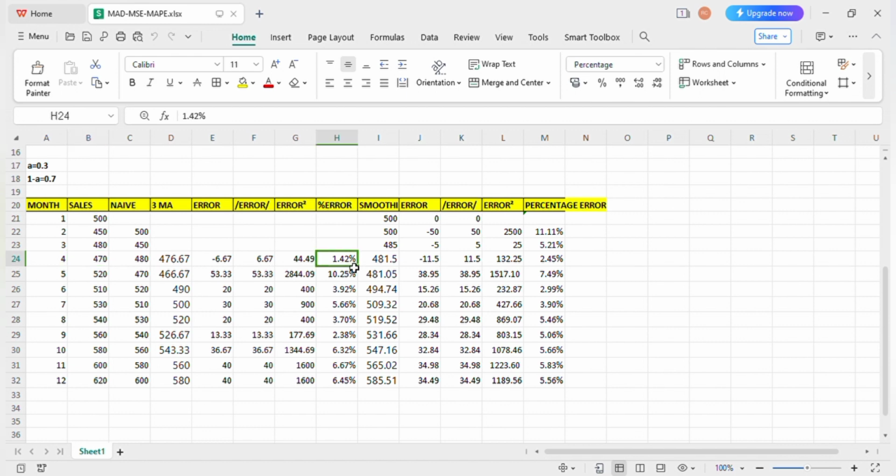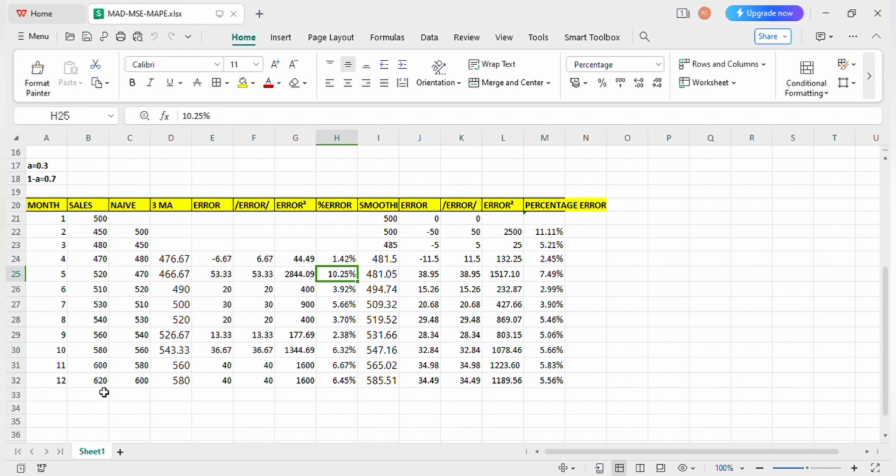So 1.42. And this absolute error of 53.33, we divide it by the actual sales of 520, and the result of that, let's multiply by 100 in order to get this percentage, 10.25%. And that's the principle of how we are going to calculate the percentage error.